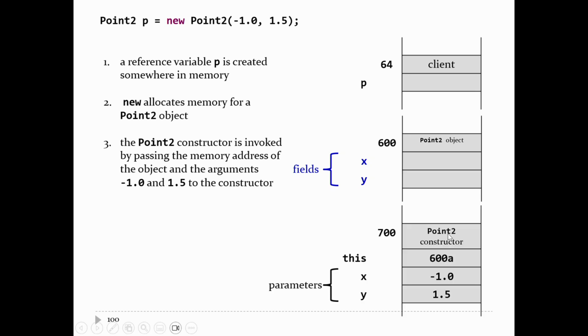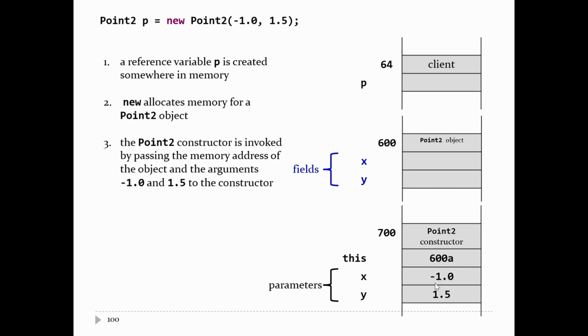So when the constructor runs, the value of this is the address of the object that was created. The values of its parameters, x and y, are the values that were passed in by the caller, so -1 and 1.5. The constructor runs, and it sets this.x to x. So it sets this value here to whatever that value of x is.